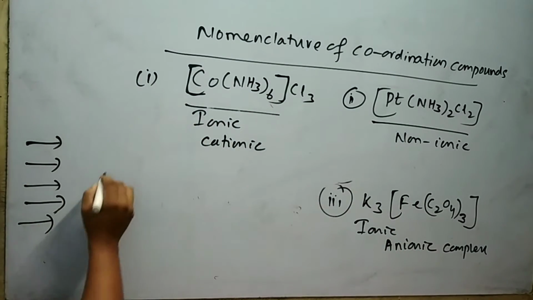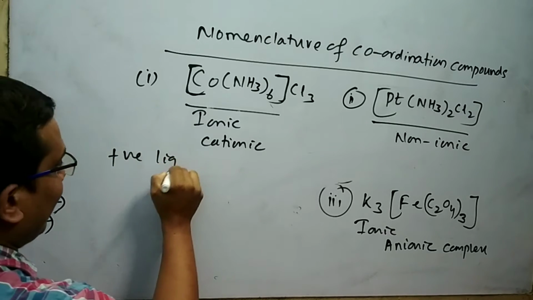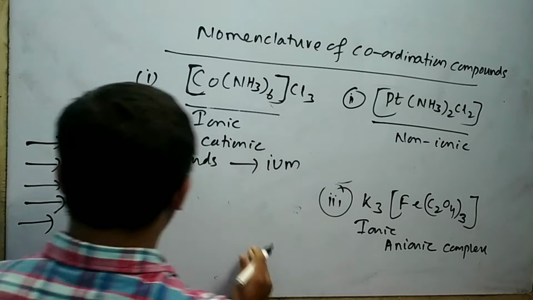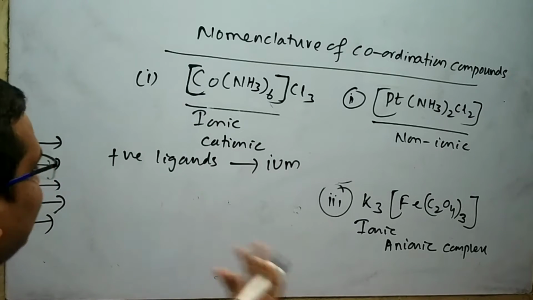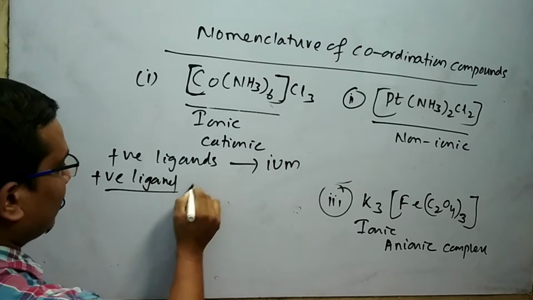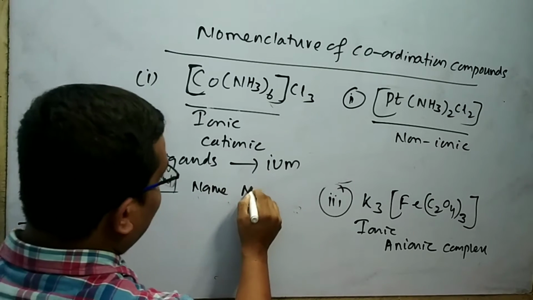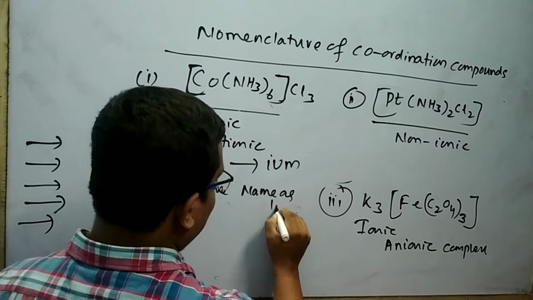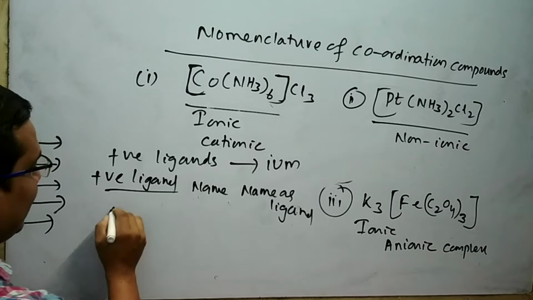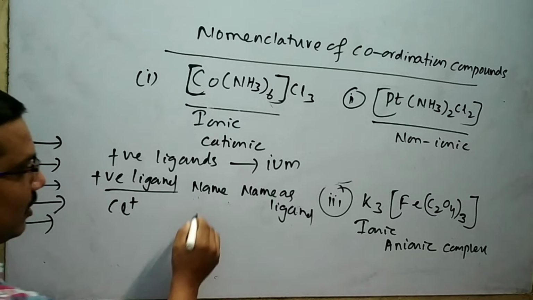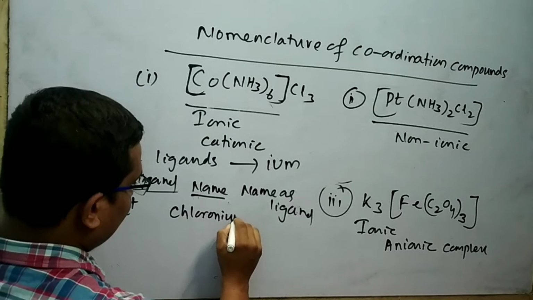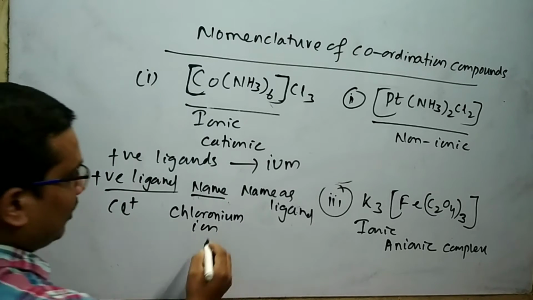Next rule is, the positive ligand ends with -ium. Suppose I take some examples of positive ligands, named as ligands. Suppose I take a positive ligand, Cl+, that is said to be chloronium ion.